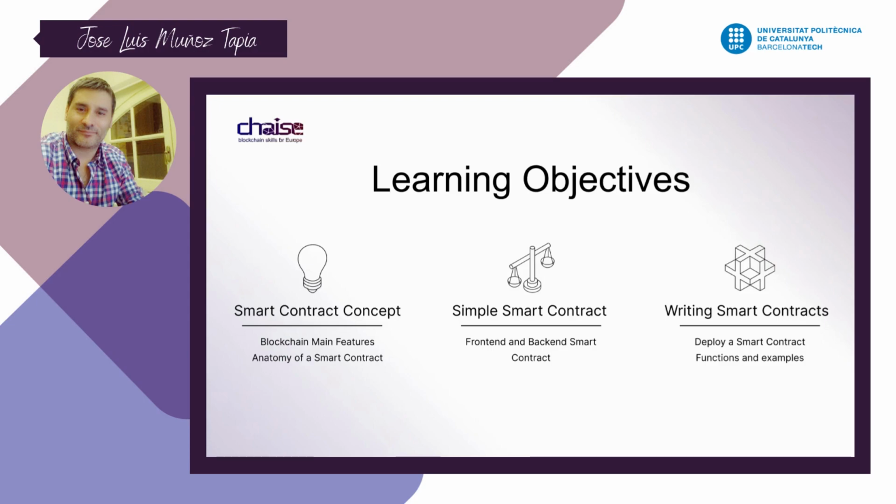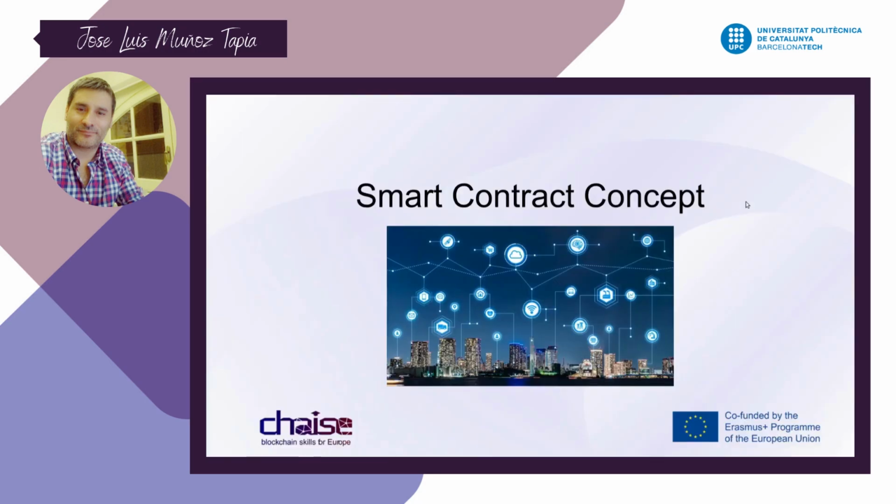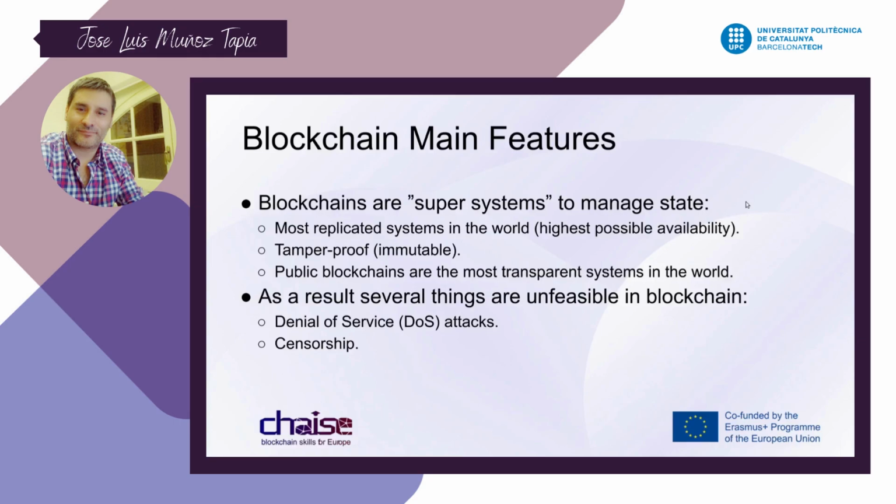Okay, so first let's see what a smart contract is. In general, before we get closer to that, let's say what the main features of a blockchain are. A blockchain is a super system to manage a state, in the sense that it is probably the most replicated system in the world, with the highest possible availability.